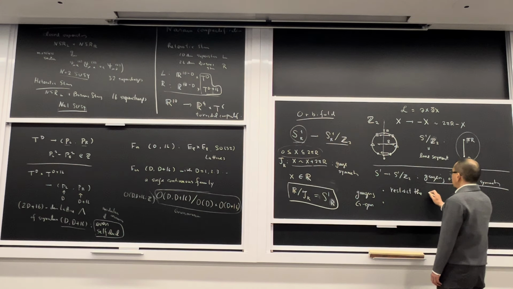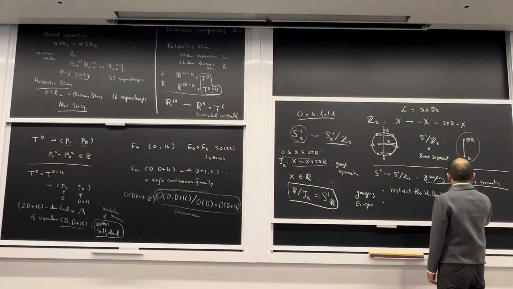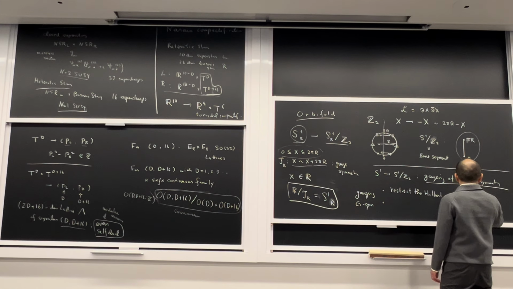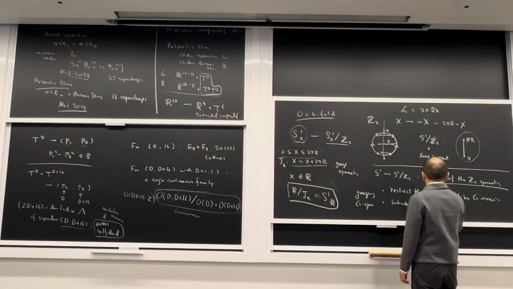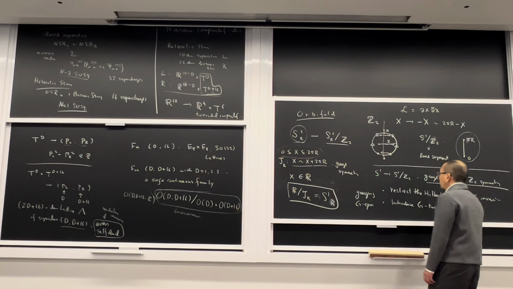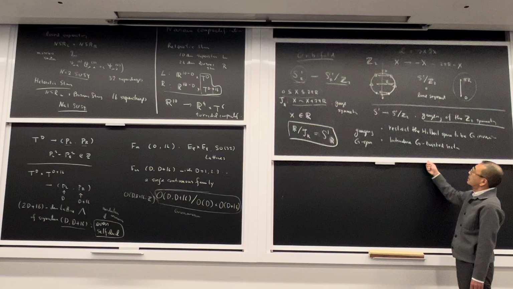Then gauging means restricting the Hilbert space to be G invariant, and then introducing G twisted sectors. If you do both of them, you are gauging this symmetry. Let me explain what I mean by that.